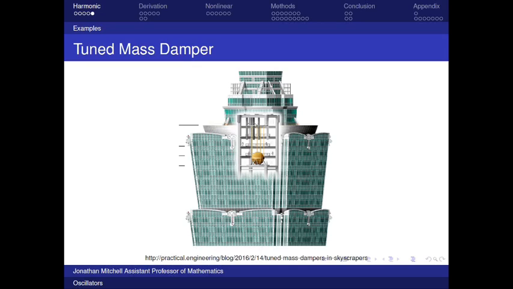There's a really cool link I can show y'all, perhaps if there's time at the end of the talk, as to how this works. We'll see if some of our nonlinear examples can touch on that. But the idea is you want to do something structural that diminishes the swaying that's going on. We need that to go away because all of our tenants are throwing up and becoming sick.